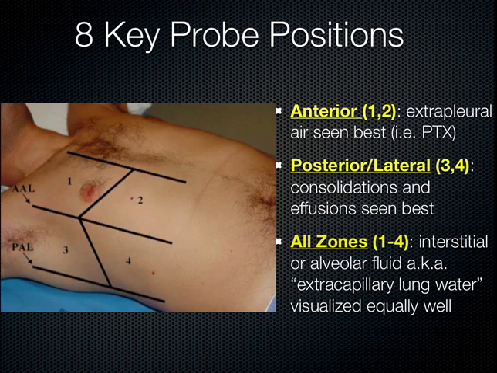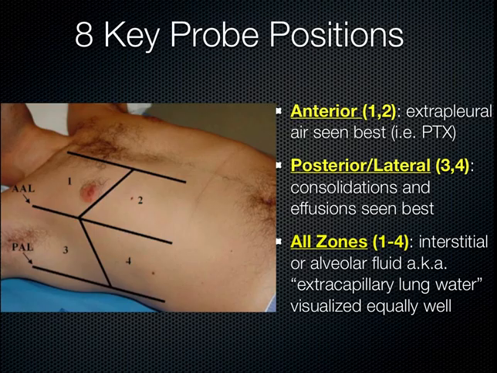It's important to scan all 8 lung zones to evaluate for a complete chest exam. We have 2 anterior lung zones on the right and left, 2 posterior lateral lung zones on the right and left. All zones should be equally evaluated, and it doesn't take but a few seconds each.